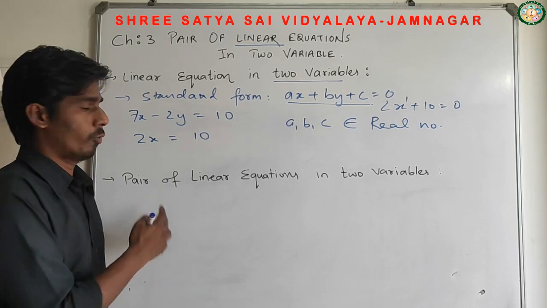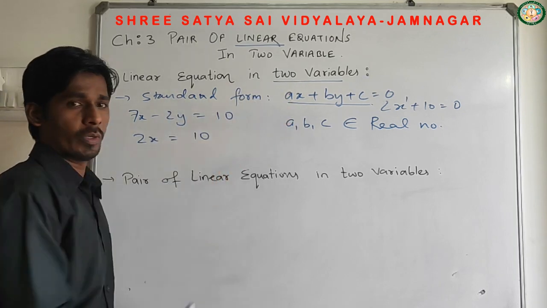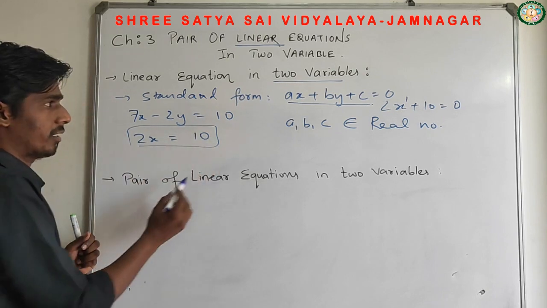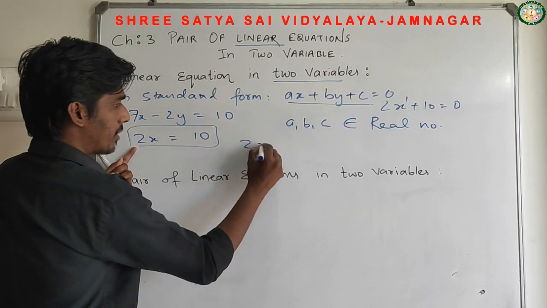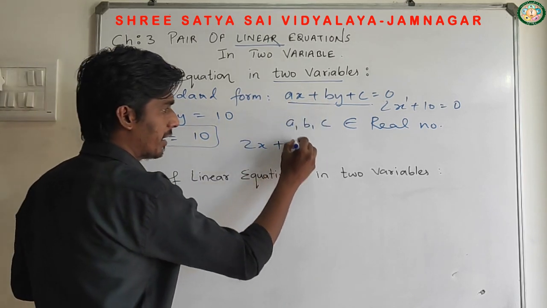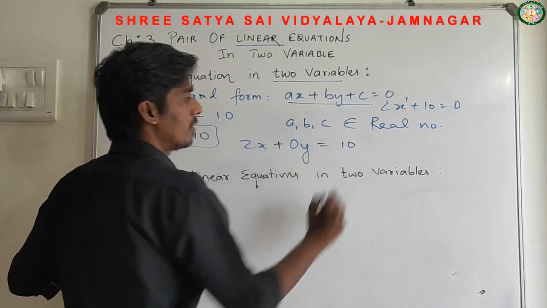Now you will think y is not there, then how can it be a linear equation with two variables? It means I can convert this equation into standard form. How am I going to convert this? 2x plus, now the y term is not there, which means it is 0y equals 10.